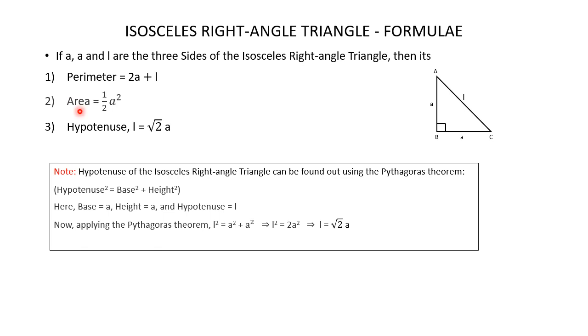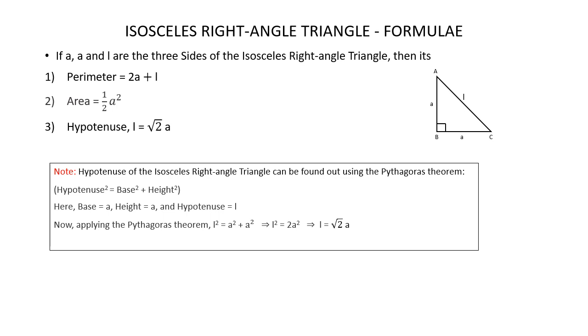Now area of an isosceles right angle triangle is equal to half multiplied by A squared. Now we know that area of a triangle is equal to half multiplied by base multiplied by height. Now look at this isosceles right angle triangle.